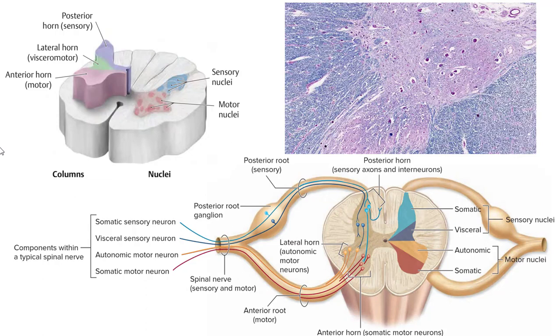What you find in all these communities are occasional axons, dendrites, and support cells. But what makes up the majority of gray matter are neuronal cell bodies. These cell bodies form little clusters of cells based on their functions, and these are called nuclei. There are nuclei present in each of the three horns or communities.